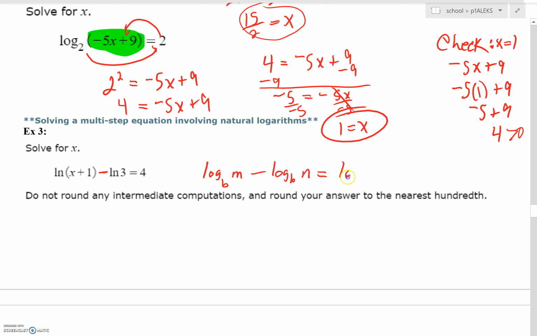A subtraction of logs with the same base could be condensed and written as one single log. And that's what we're going to do here. We have that subtraction, and we can write this as a division, a fraction if you would, and we can say ln of x plus 1 all over 3 is equal to 4.